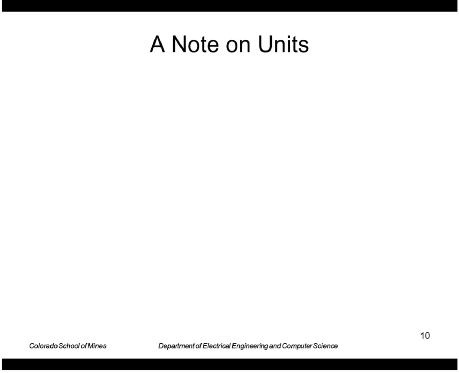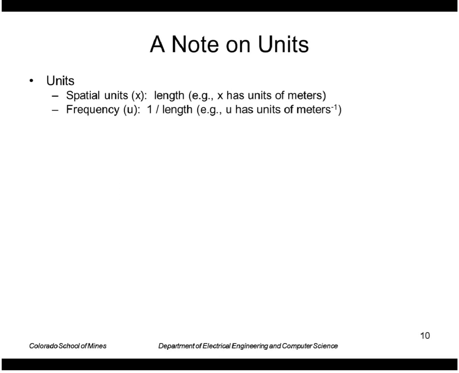Just a note on units, how spatial units relate to spatial frequency. So we can think of x as having length, say meters. Frequency has units of 1 over length.